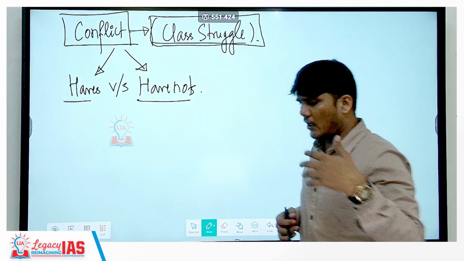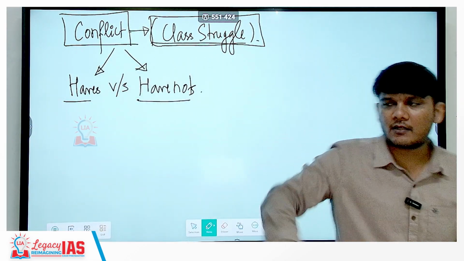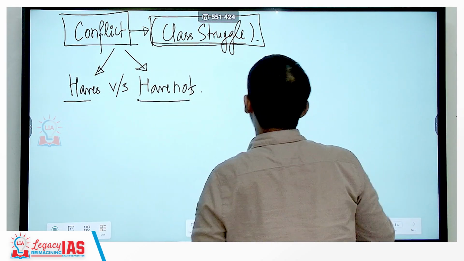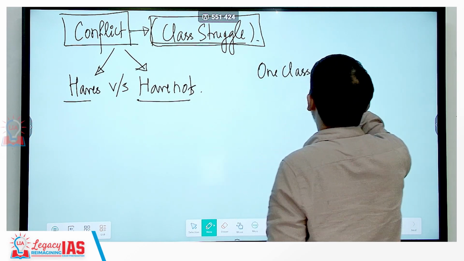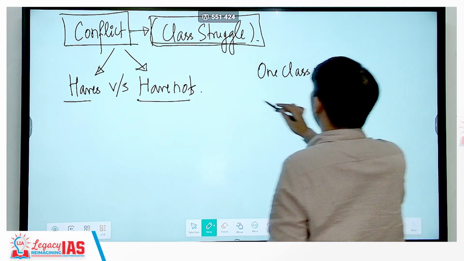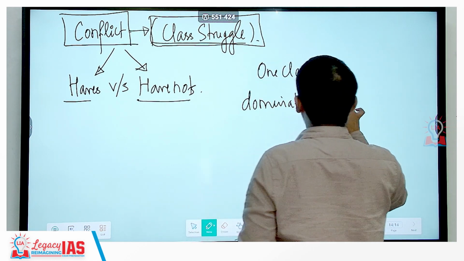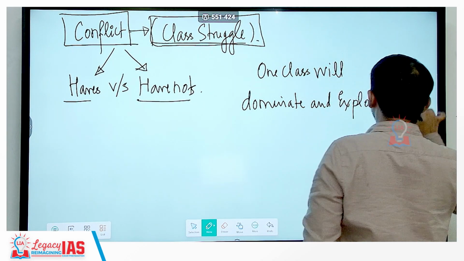Each one is, let's say, exploiting the other, but that necessarily will not happen, and at least in Karl Marx's theory it will not happen like that. Here what will happen is one class will dominate and exploit the other class.